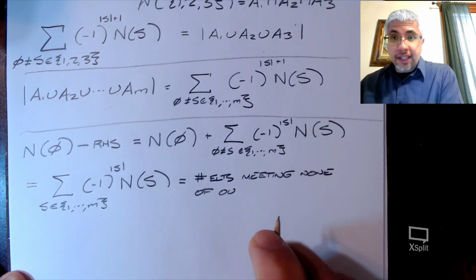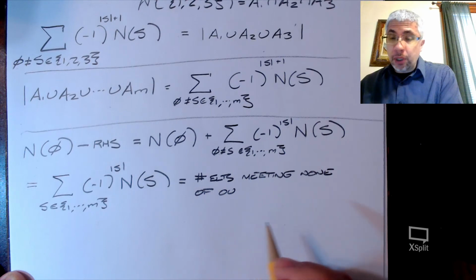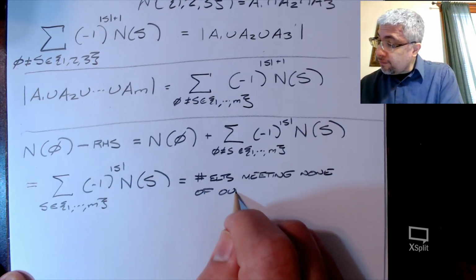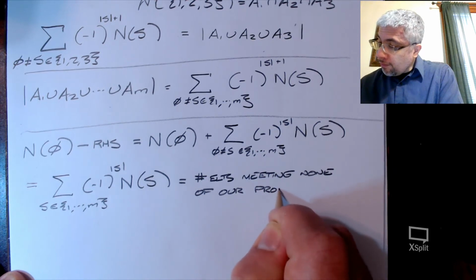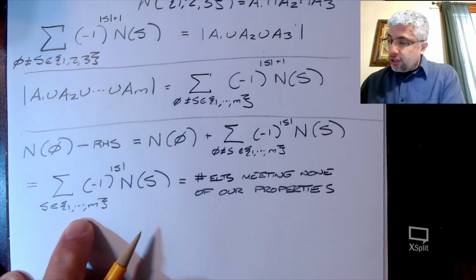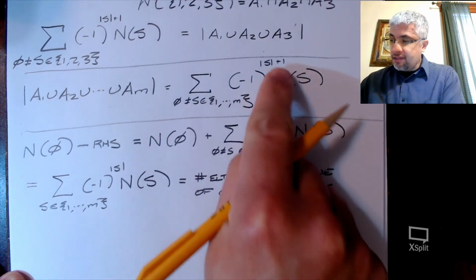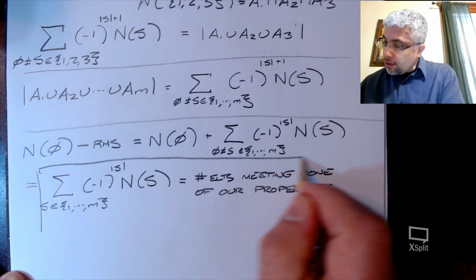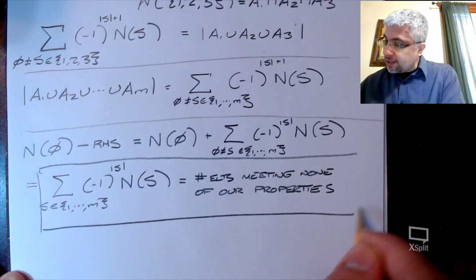Where A1 is the set of elements that meet property 1, and A2 is the set of elements that meet property 2, and so on. And this even looks a little nicer than this. I mean, it doesn't have the plus 1. So this is the formula that we're going to be using a lot of the time.